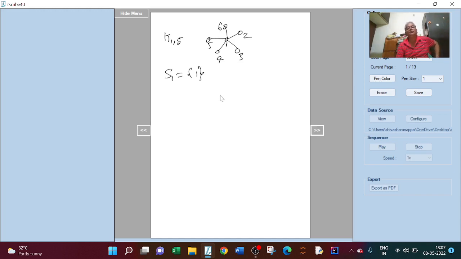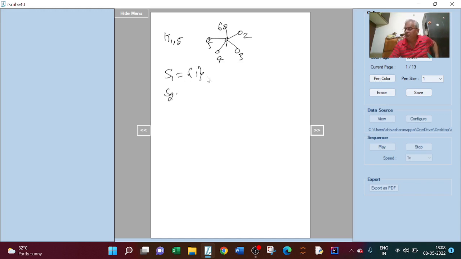Now can we add some more vertices to this set without disturbing the property of independence? I can't add 2 because 2 is adjacent with 1. I can't add 3, I can't add 4, I can't add 5, I can't add 6. So here this is a maximal independent set.